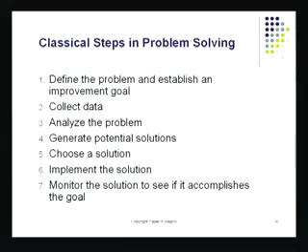That's very, very important. There are obviously some classical ways to solve problems: you define the problem, you collect data, you analyze things, you generate potential solutions, you choose a solution, then you implement the solution and so on. But these are classical problem solving steps.